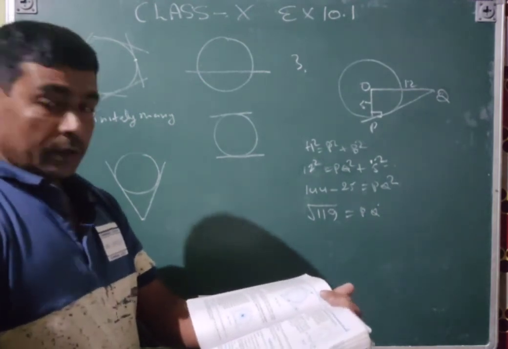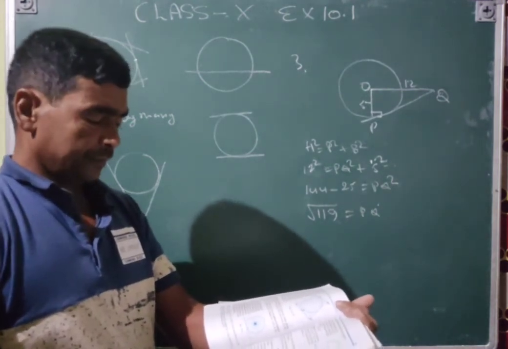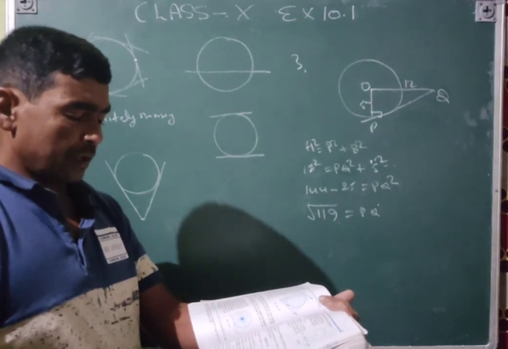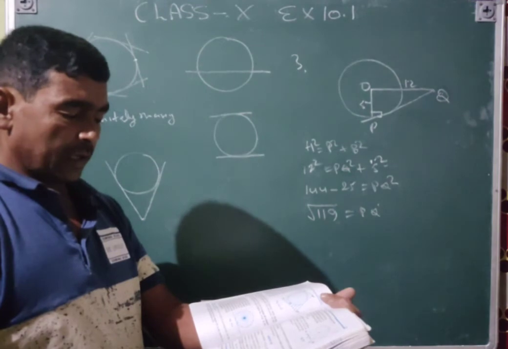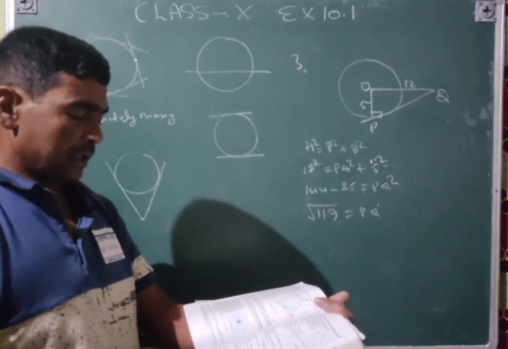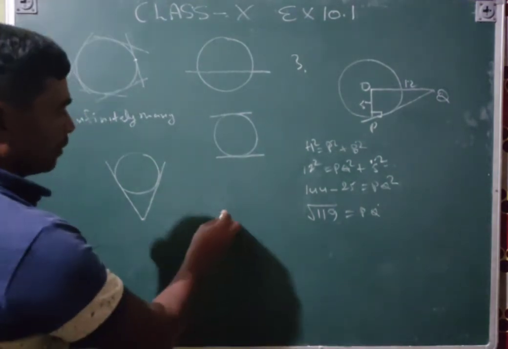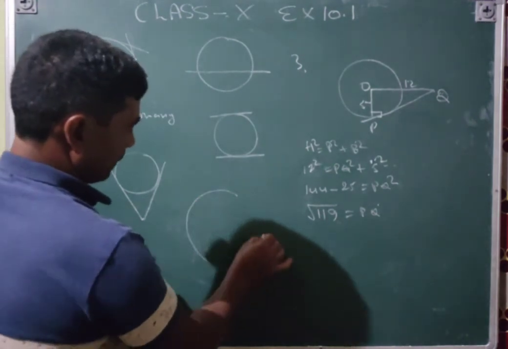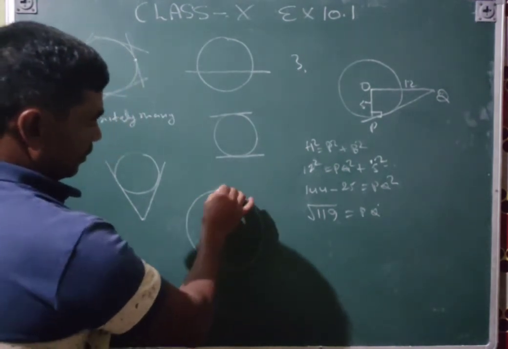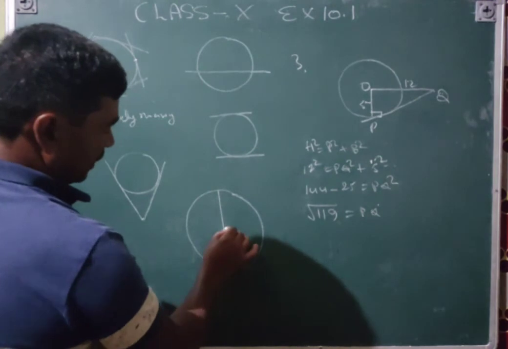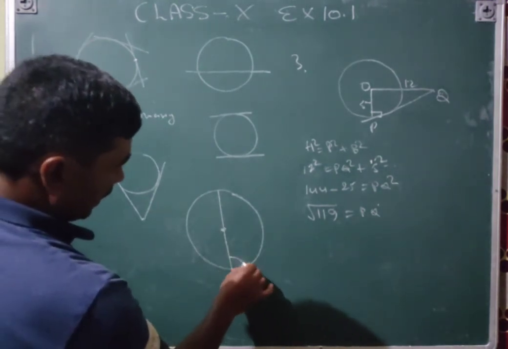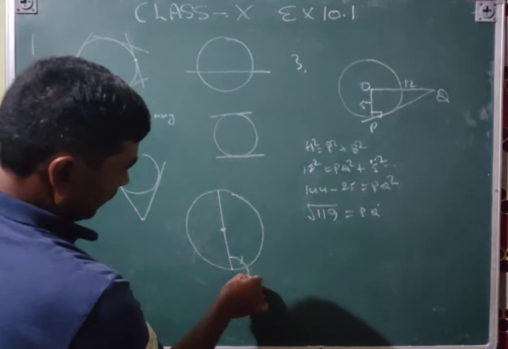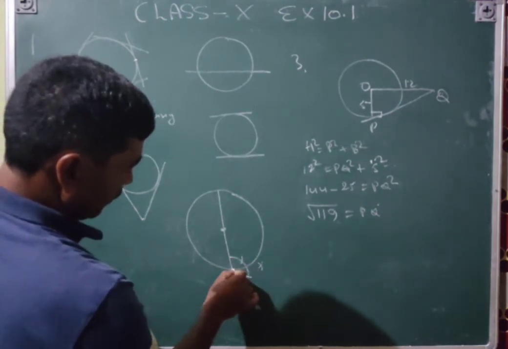Fourth question: draw a circle and two lines parallel to a given line such that one is a tangent and the other is a secant to the circle. So first of all you will draw a circle and then you will draw a diameter. Here we will draw the 90-degree angle from this point.